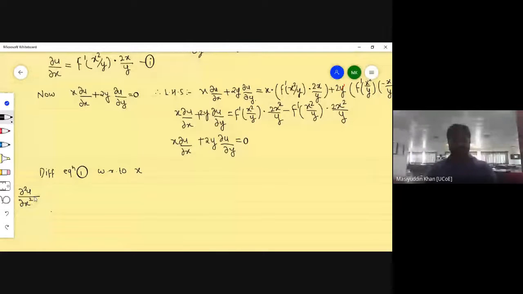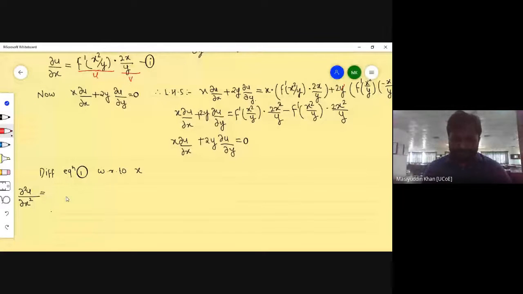So see, this is the product rule. You can consider the whole part as u, and this part you have to consider as v. So please just remember this thing. So the u into v rule we have to apply. First into derivative of second plus second into derivative of first.